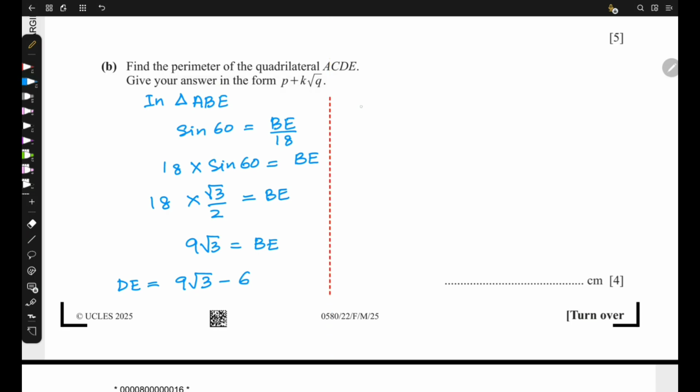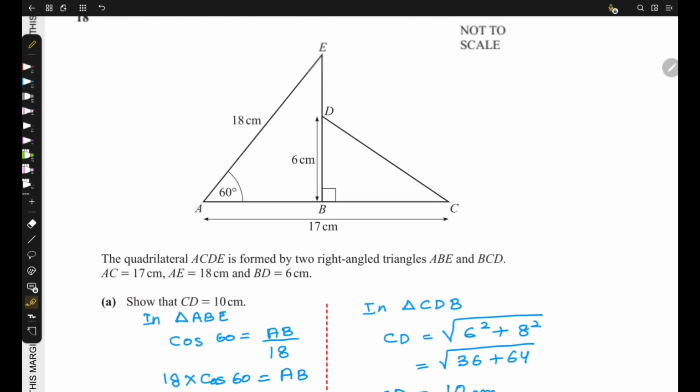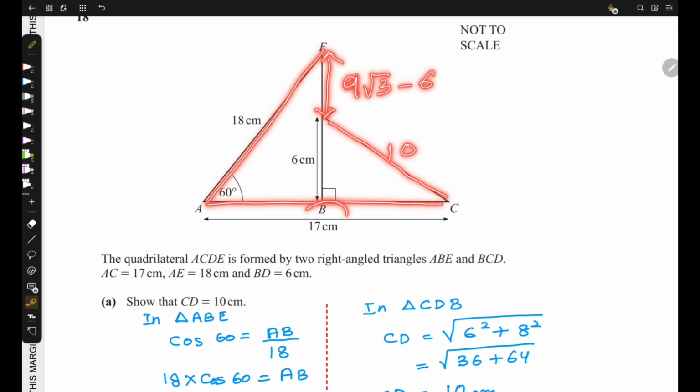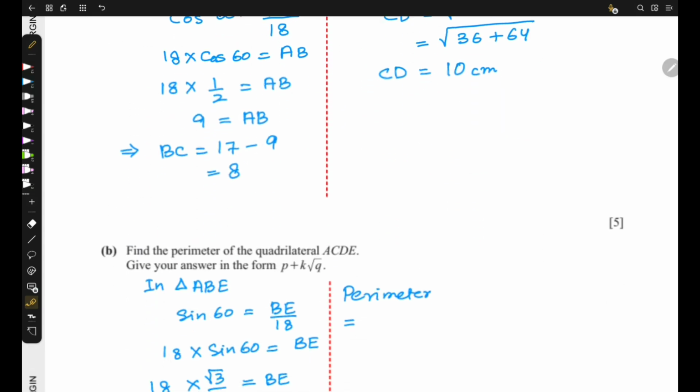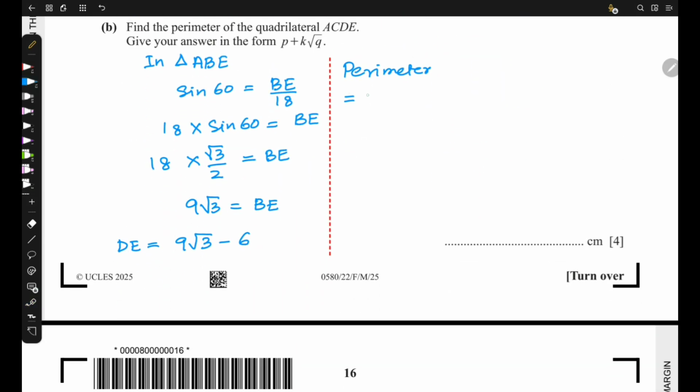Now let's find the perimeter. For perimeter, we have to add all of these four sides. We have to add 18, 17, 10 and this DE, which is 9 root 3 minus 6.